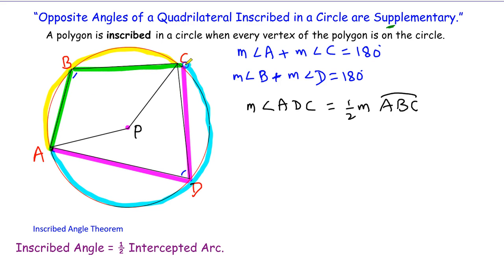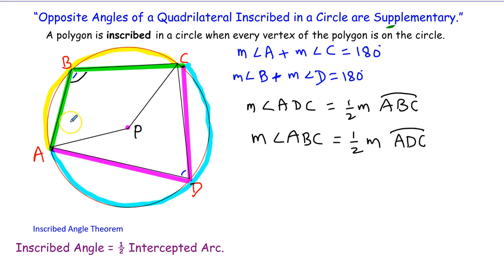For that angle, that is the inscribed angle, this whole thing is the intercepted arc. Okay, now the measure of angle ABC is equal to half of the measure of this arc. What is the name of the arc? Arc ADC, sorry.